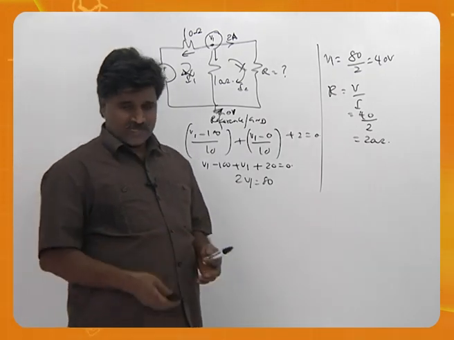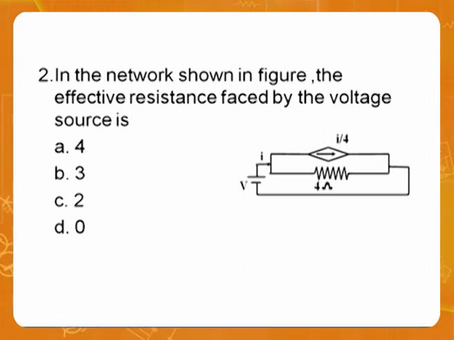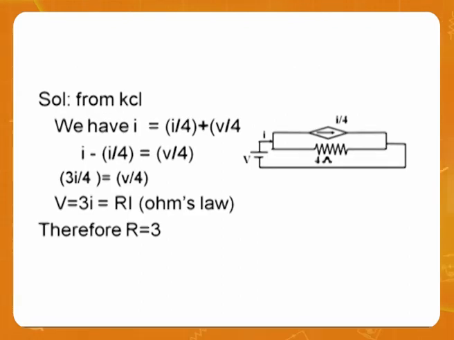Let's go to the second problem. Read the problem first. In the network shown in the figure, the effective resistance faced by the voltage source, the options are 4, 3, 2, 0. There are 4 options. When you look at this circuit, the solution is also given here.